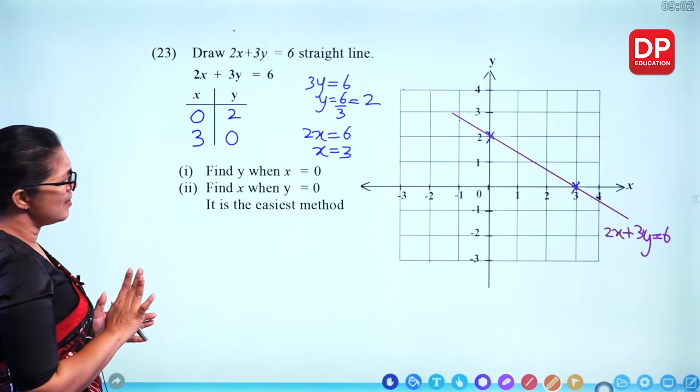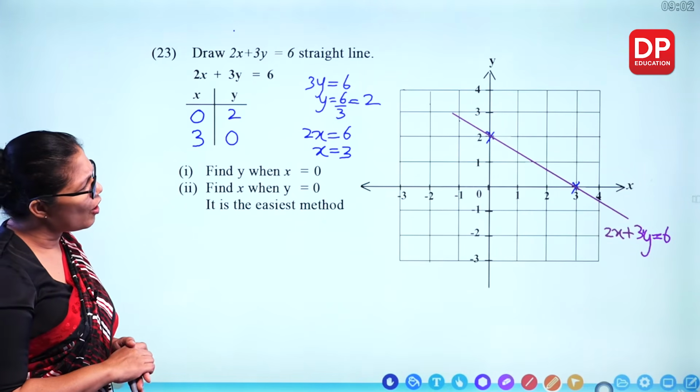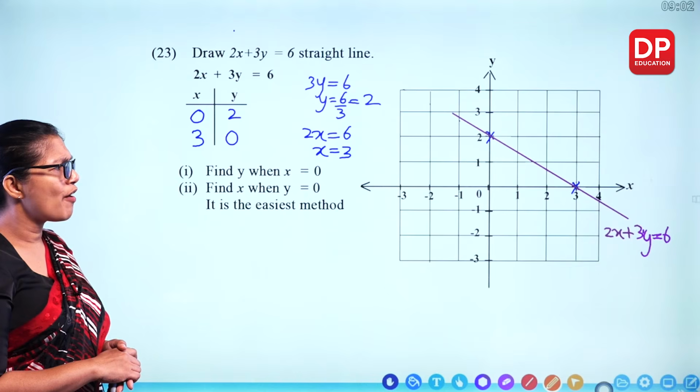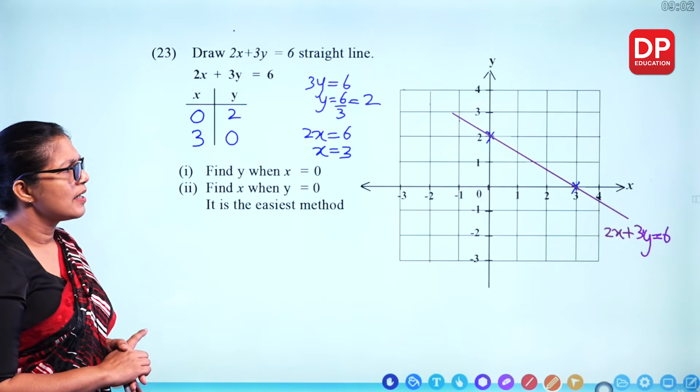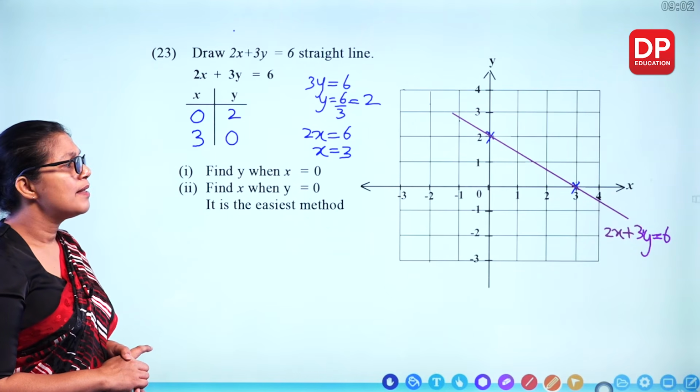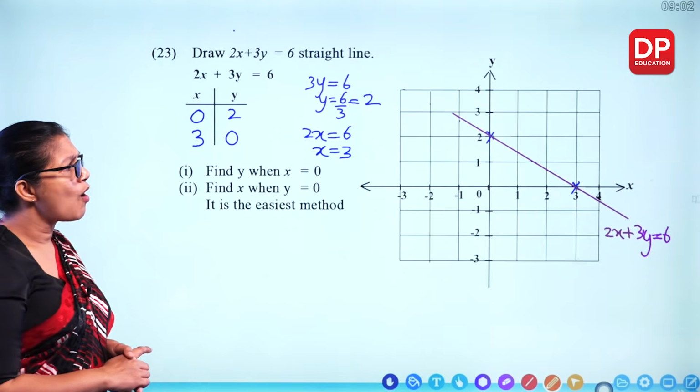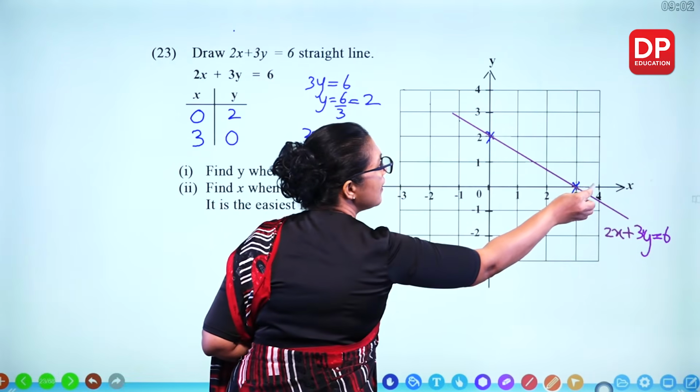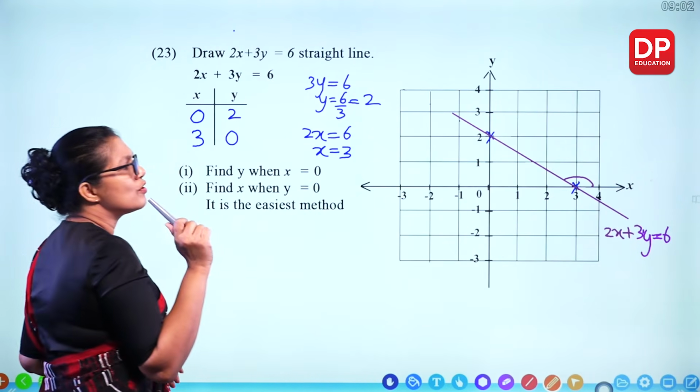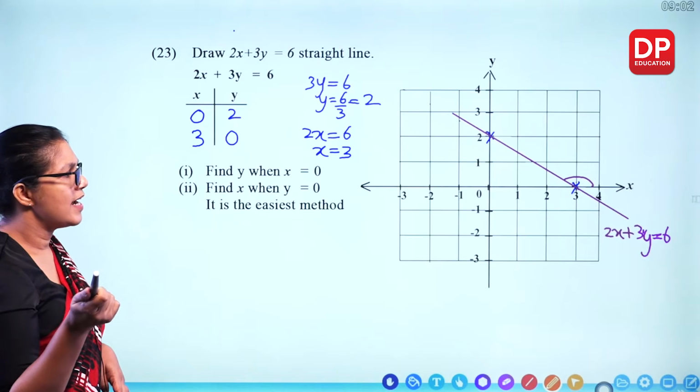Now, when you look at this one, what do you think about the gradient? Is it positive or negative? The angle it makes with the x-axis is an obtuse angle. So this is a negative gradient.